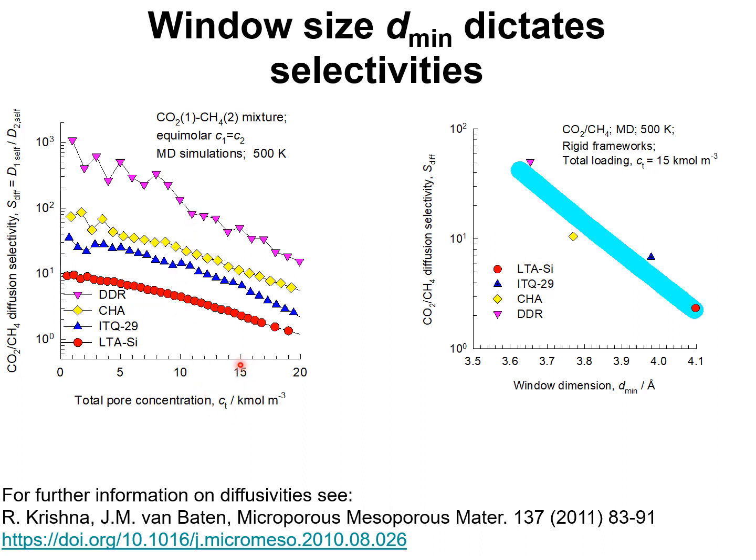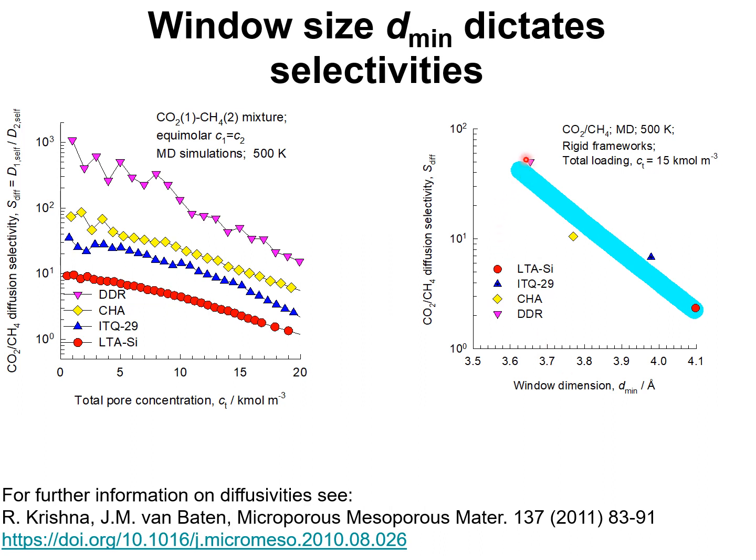For a pore concentration of 15 kilomole per cubic meter, the diffusion selectivity values are plotted against the window dimension d min, and we can see a reasonable correlation between the diffusion selectivities and the window dimensions for these four cage type zeolites.